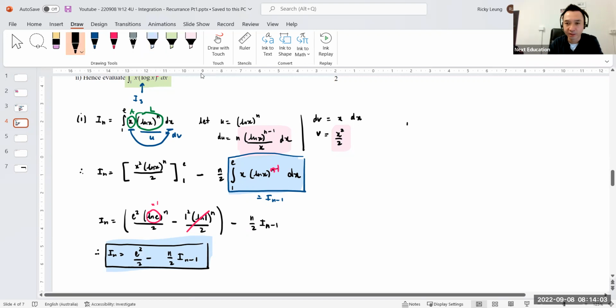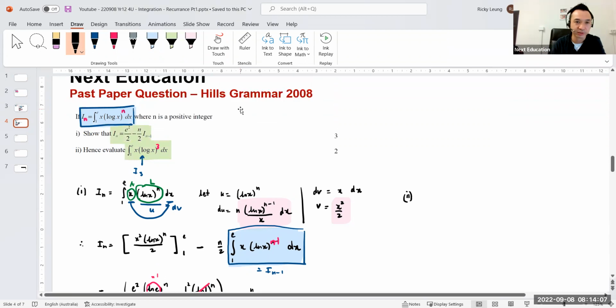And then for part 2, in this question it does actually tell me positive integers. That's important because n equals 1, 2, 3, etc., so I can't go less than 1. Is that right? Positive integers. Let me just check that.